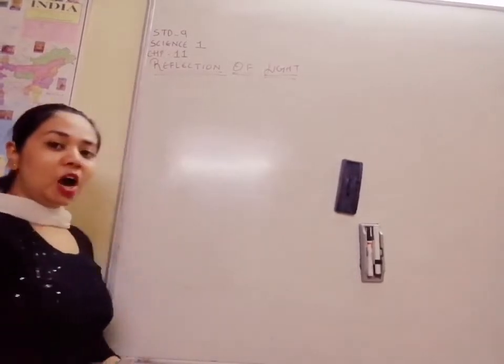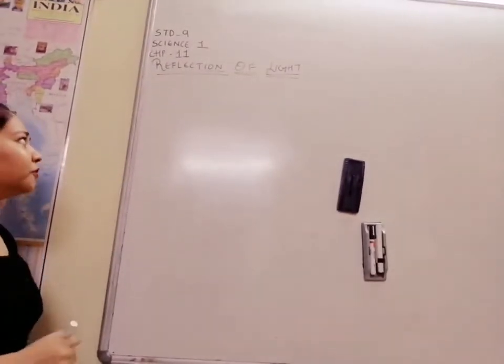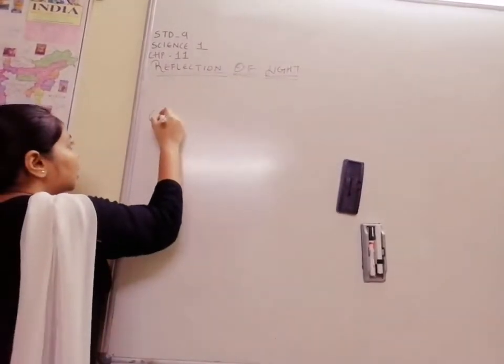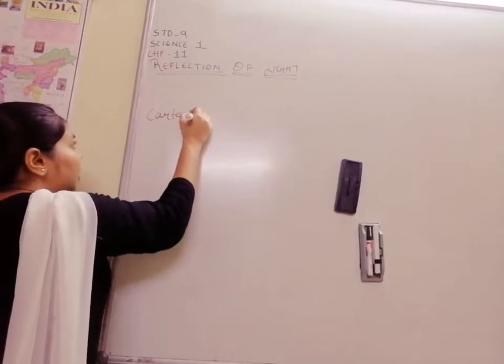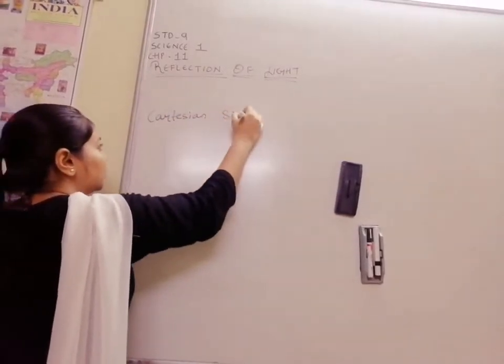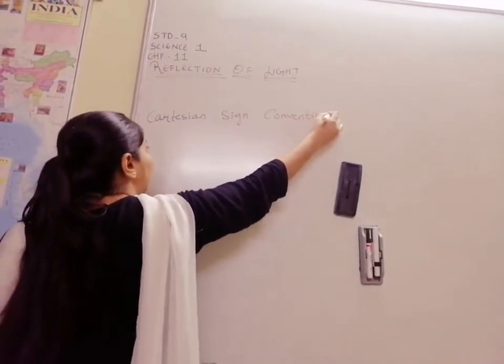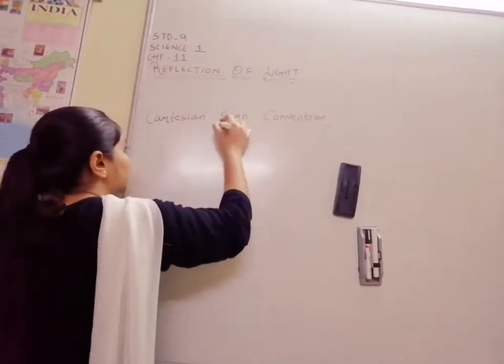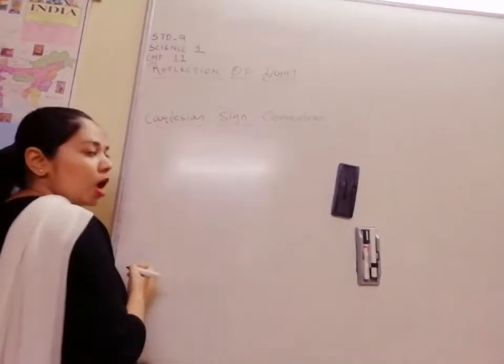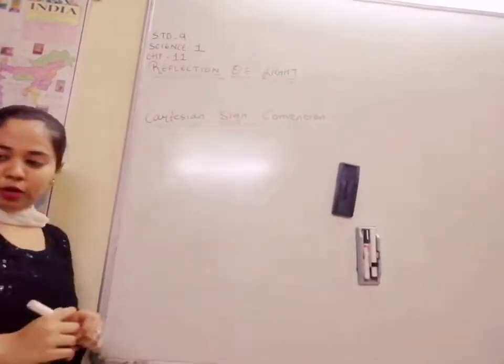Okay, now moving on to the next part in this chapter, we have what? Cartesian sign convention of the two spherical mirrors. Okay, so let us take one concave mirror.